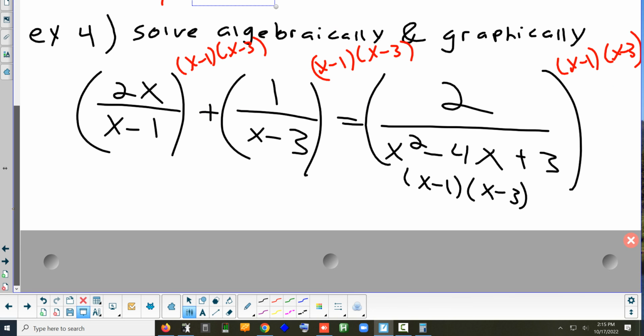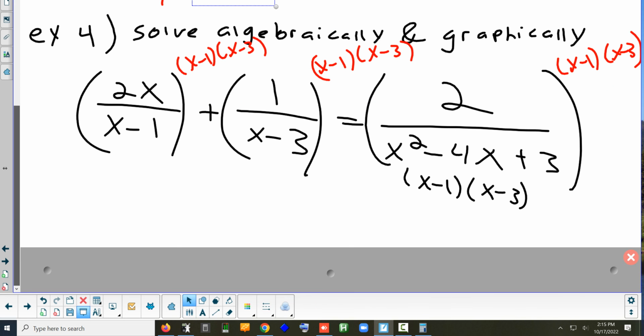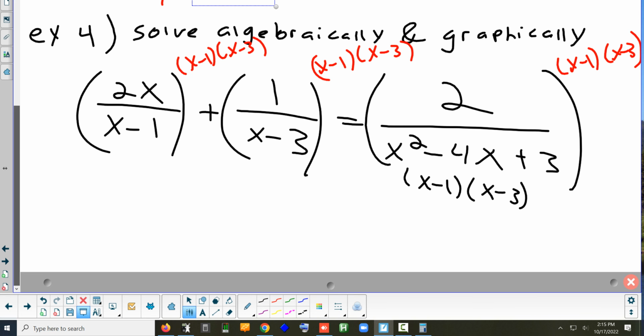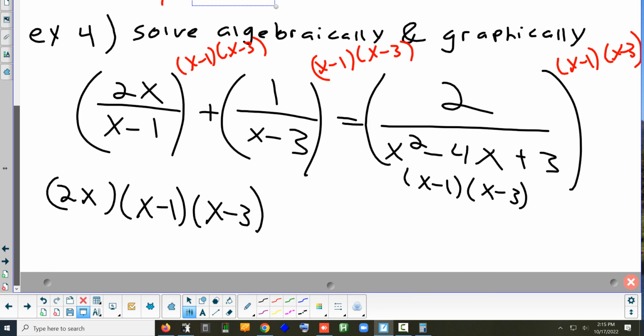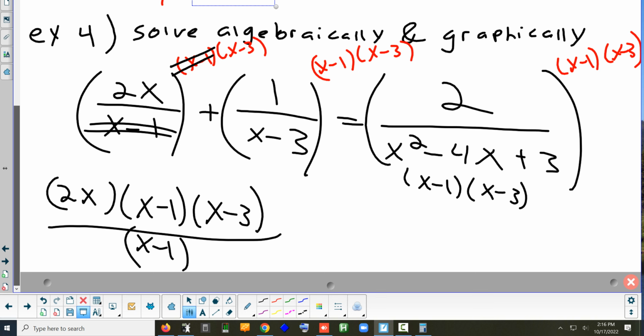So this first one, if you wanted to write it out properly, I'm not going to rewrite the whole thing, but this is what you basically have. 2x times x minus 1, x minus 3, over x minus 1. That's what this first fraction should look like. What's going to cancel out here? The x minus 1. That cancels out completely. What cancels out in the second fraction?